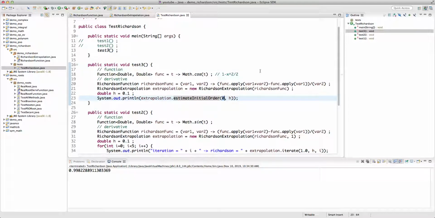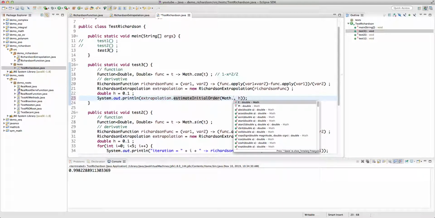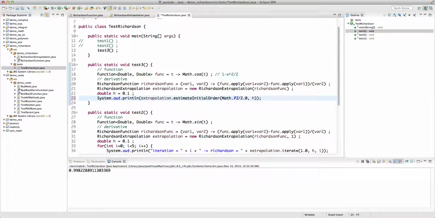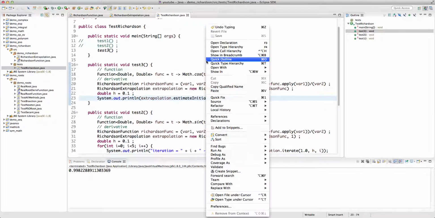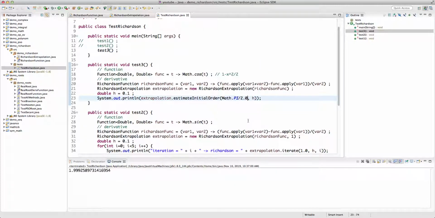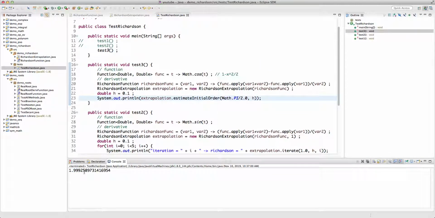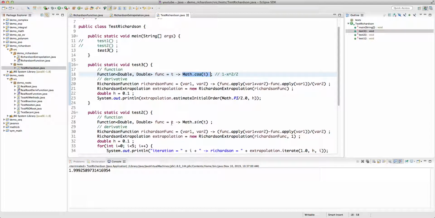At other points, so cosine, let's say at math.pi over 2, it's 2, right? So when cosine becomes 0, the order of error becomes 2.